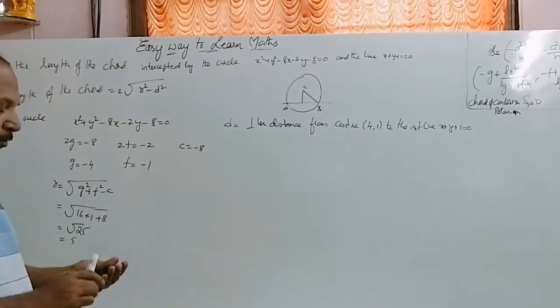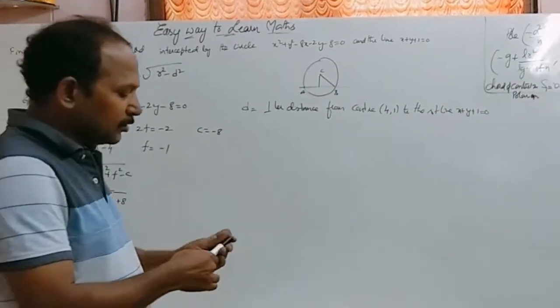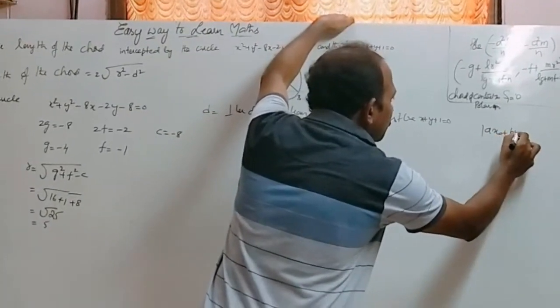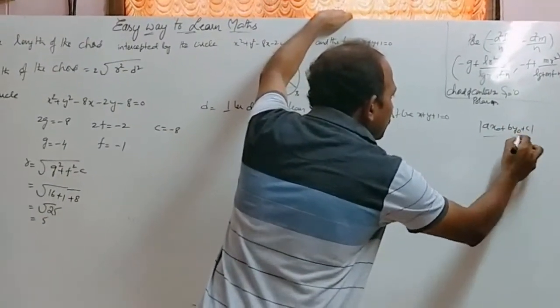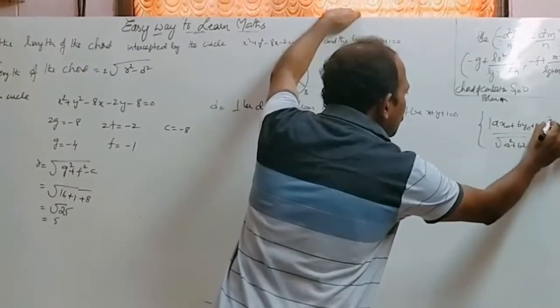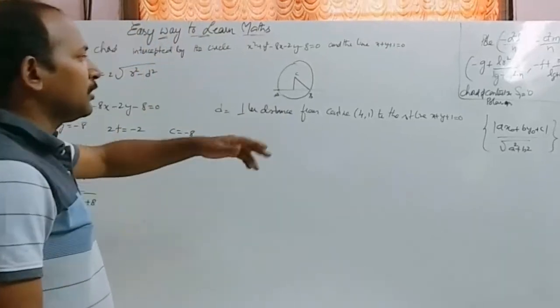What is the formula for perpendicular distance? Modulus of ax naught plus by naught plus c by square root of a square plus b square. Formula for perpendicular distance.